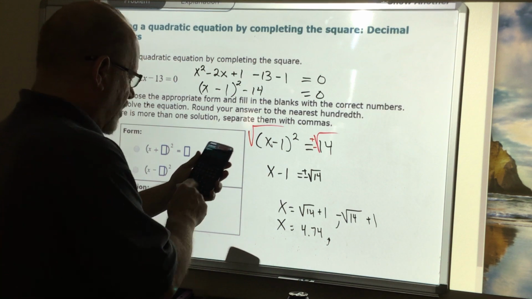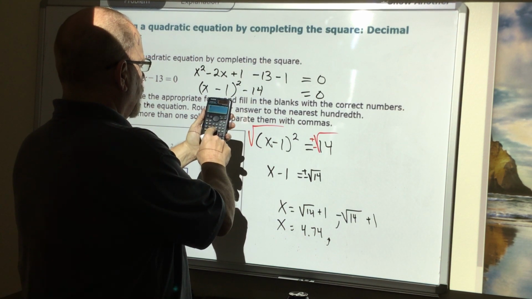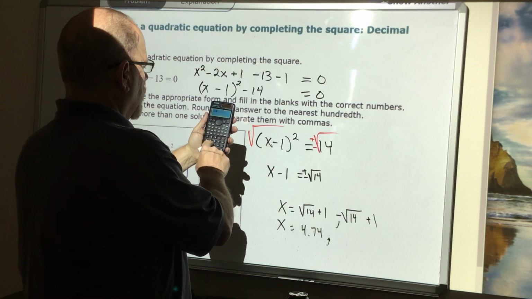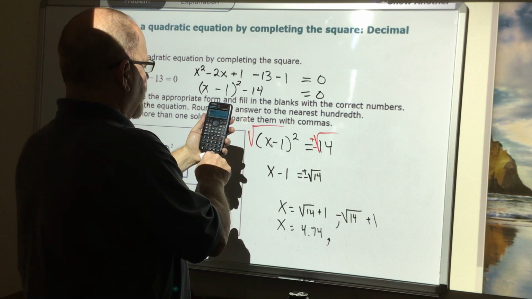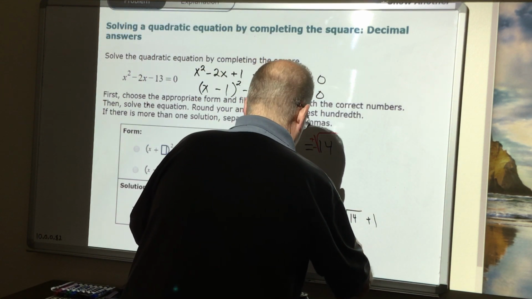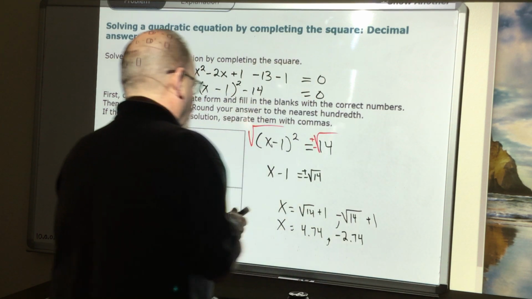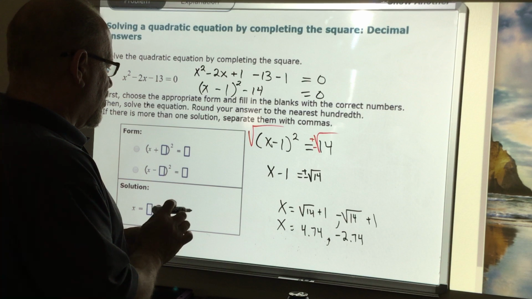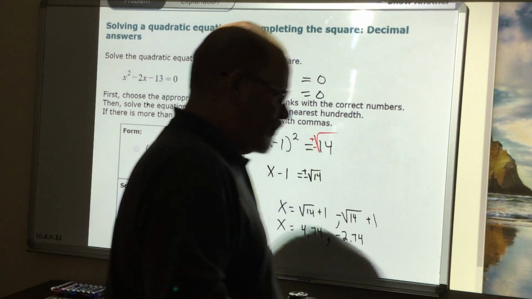Now I'm going to take the negative square root 14 plus 1. Negative 2.741. So here are the two numbers that are rounded to the nearest hundredth.